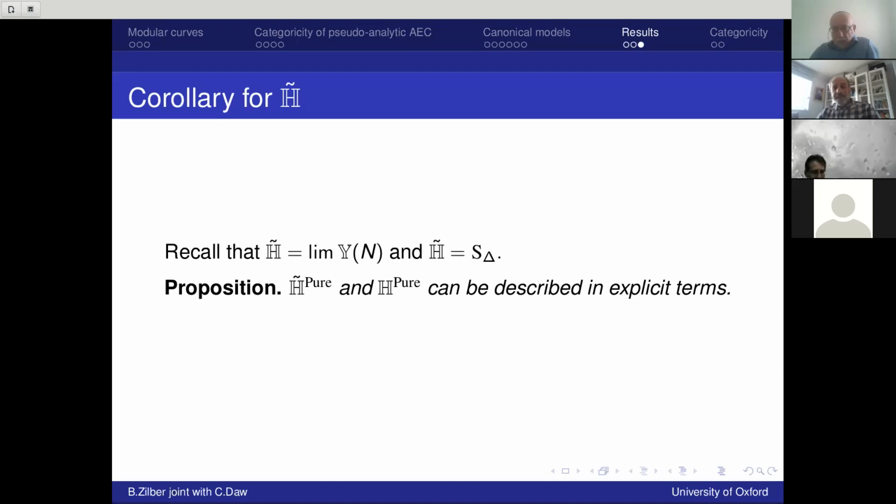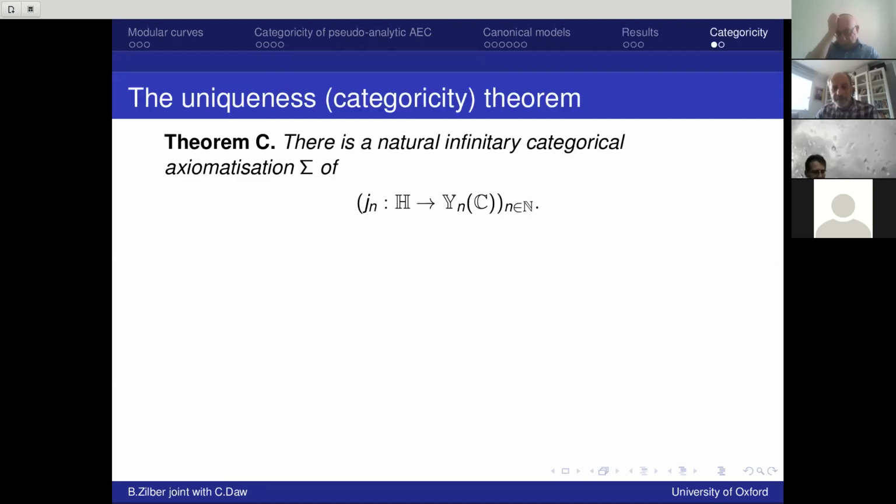And because we can now have such a good picture of the canonical models, we can describe the pure part of the homogenized upper half plane and the upper half plane itself. So it can be described in explicit terms. And that's what we need to formulate our axioms.